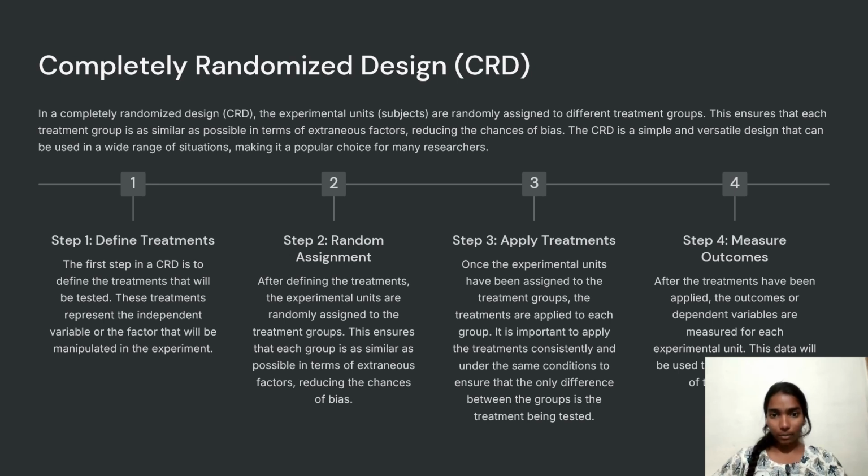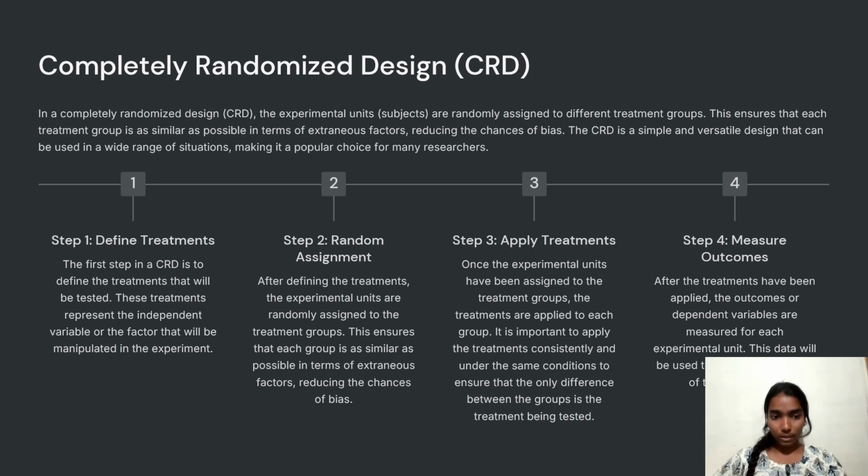The completely randomized design is divided into four steps: define treatments, random assignment, apply treatments, and measure outcomes. Define treatments: the first step in a CRD is to define the treatments that will be tested.